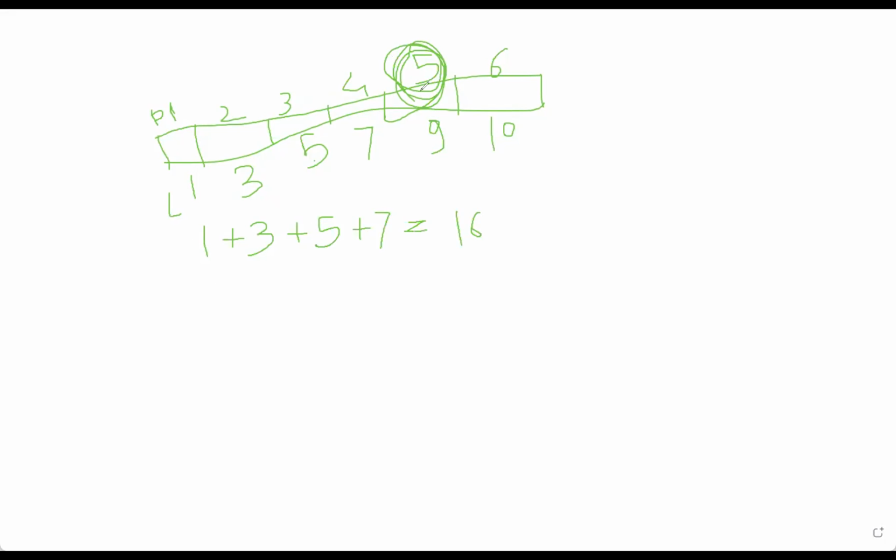That means the retrieval time for program 5 will be 7 plus 5 plus 3 plus 1, which is equal to 16.